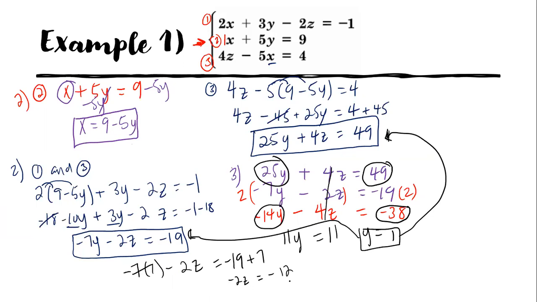So when I divide by negative 2, z equals positive 6. Okay, questions about how we got z? None? Okay. Cool.